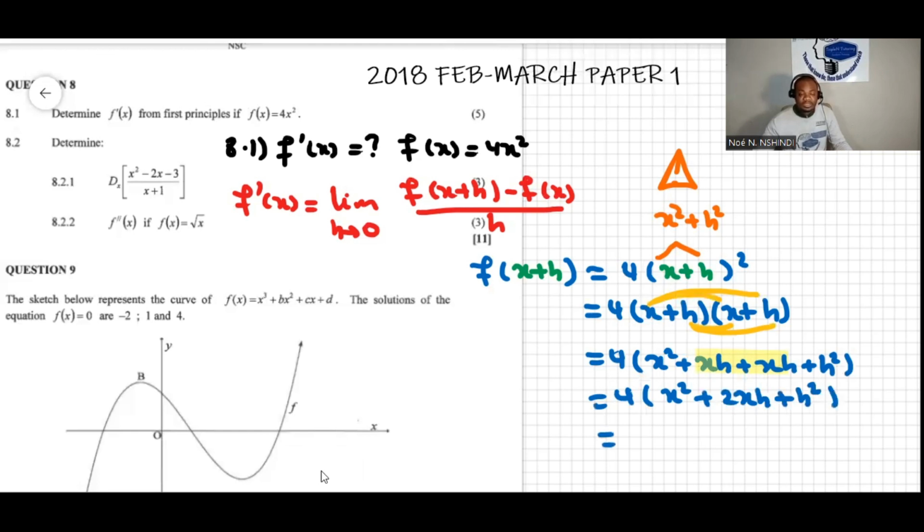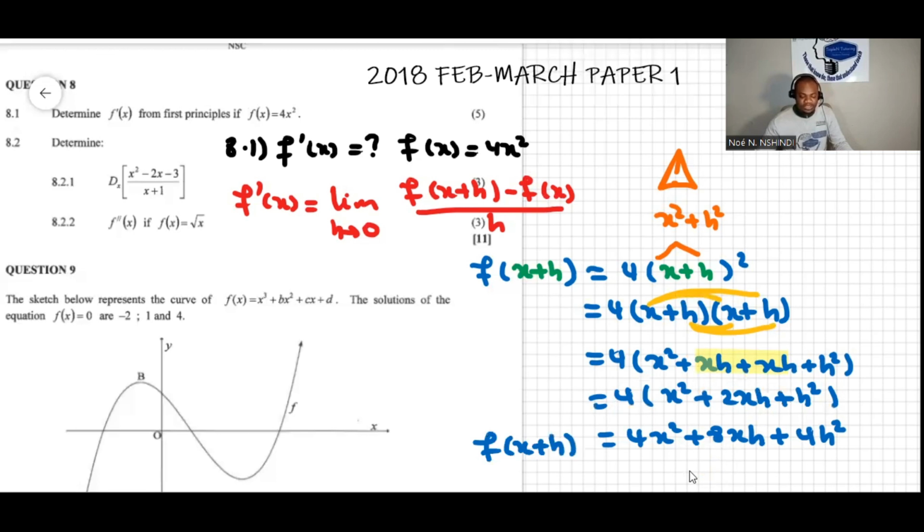And then we can multiply by 4, that makes 4x squared plus 8xh plus 4h squared. All this is just f of x plus h.